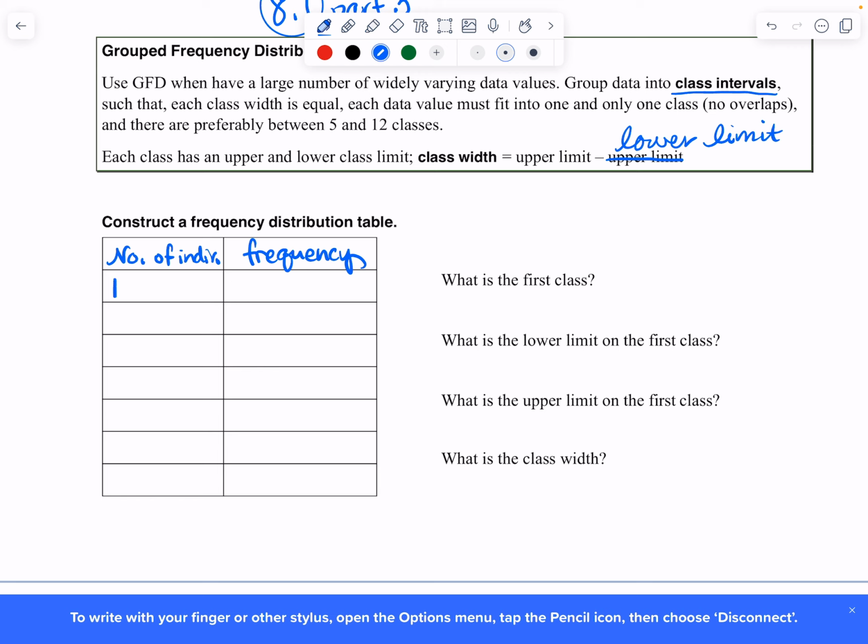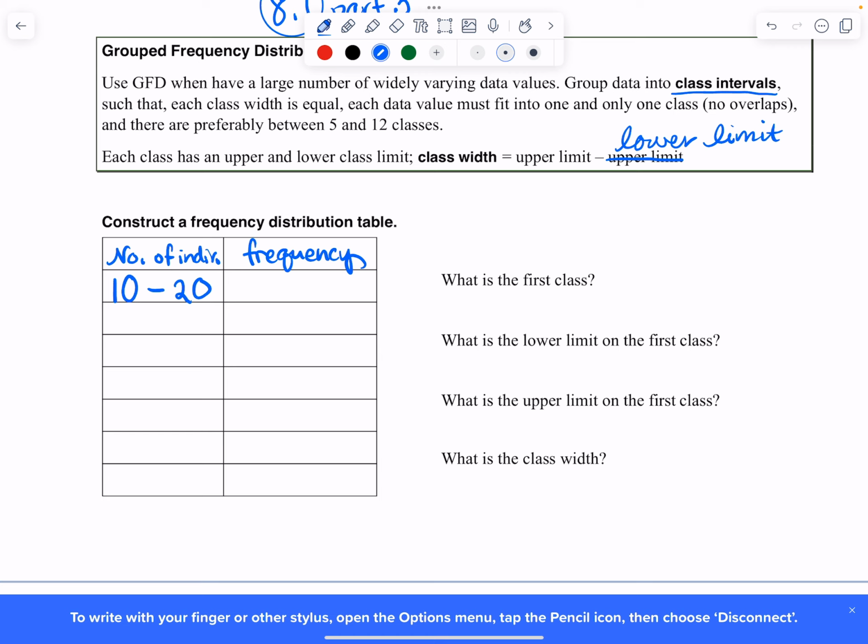The first class width is going to go from ages 10 to 20. That's called a class width, because if I am 17, I'm going to fall into that class width. The upper limit would be 20 and the lower limit would be 10.